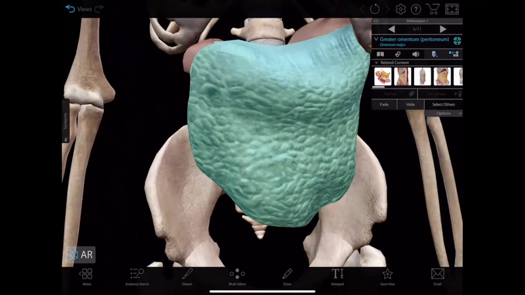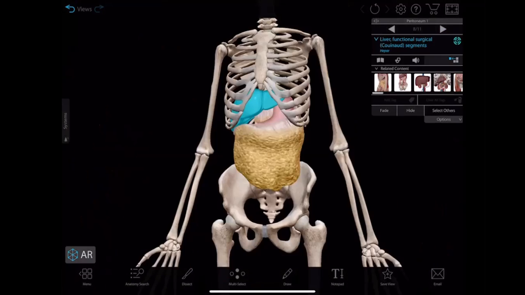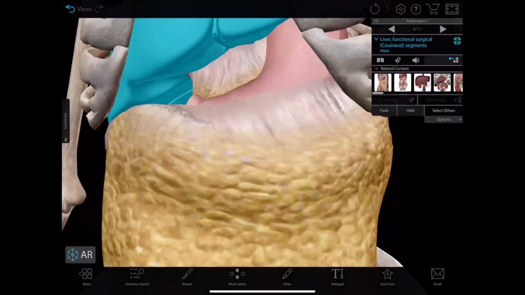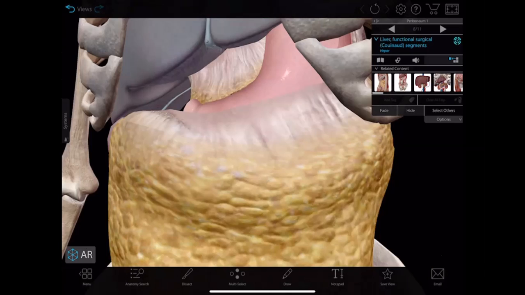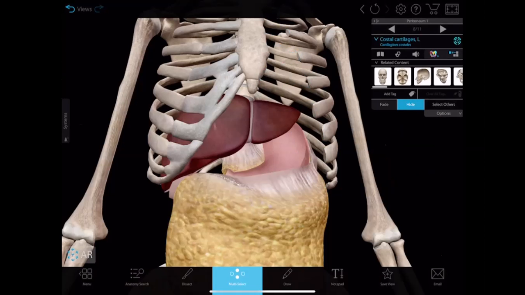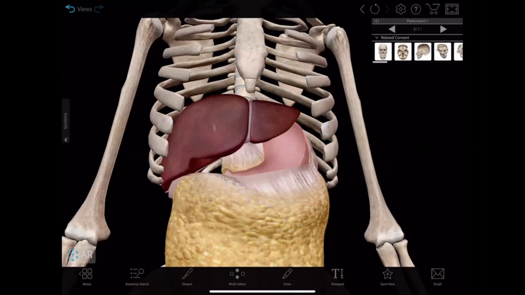So you see, this is the lesser omentum. You'll see that with the stomach also. This is the stomach, right? So this is the stomach, and this is the liver.